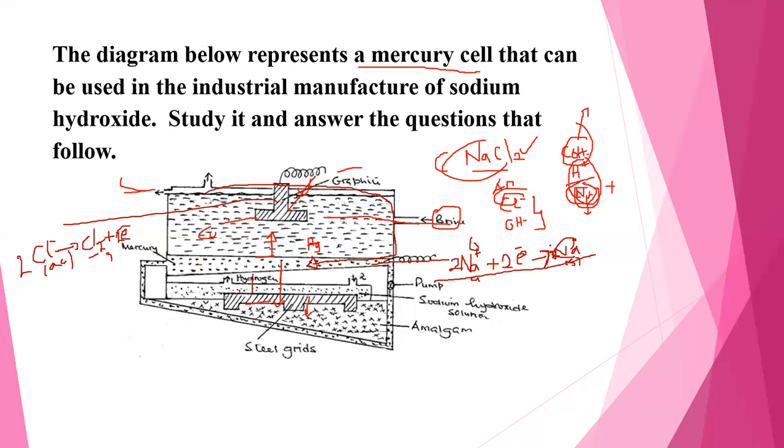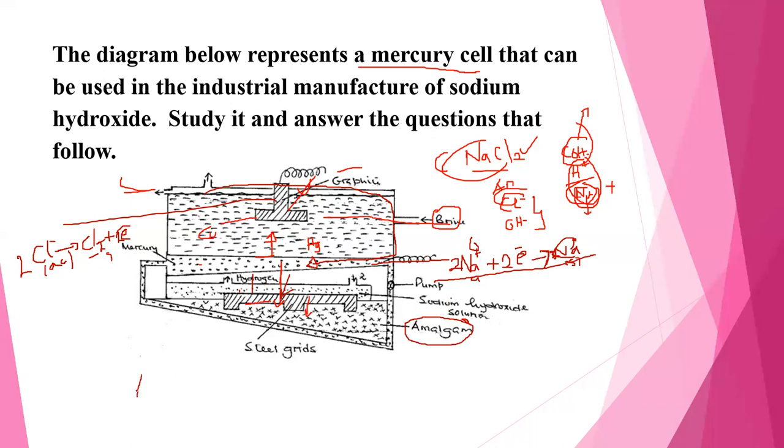This dissolves inside the mercury to form what is called sodium amalgam. Sodium amalgam means that the sodium has dissolved in the mercury.